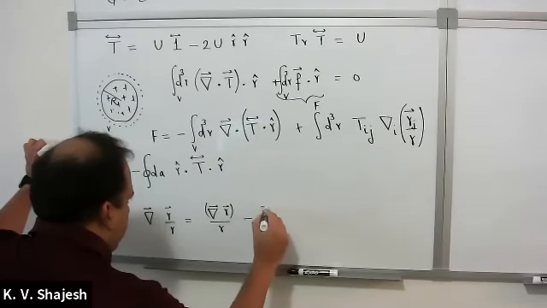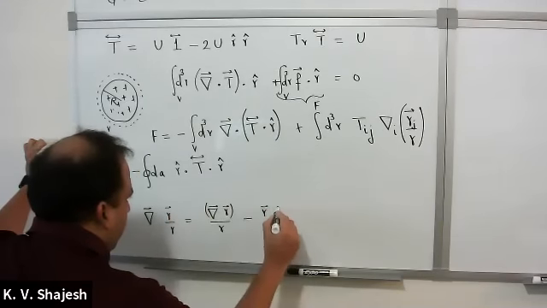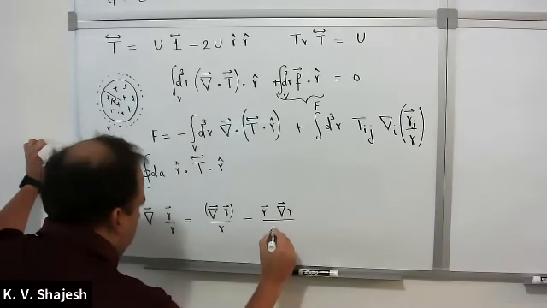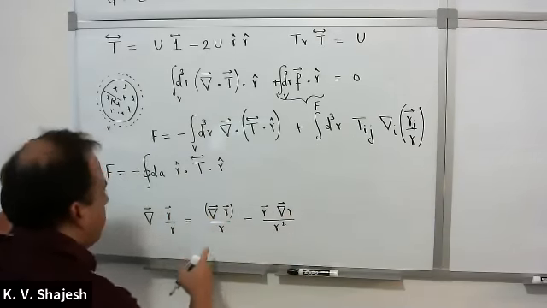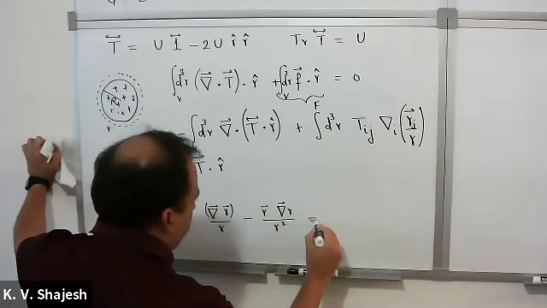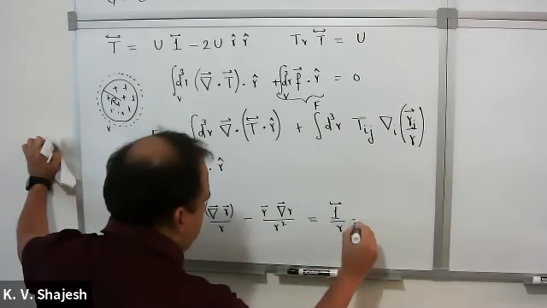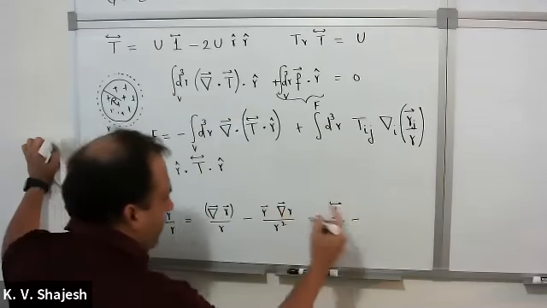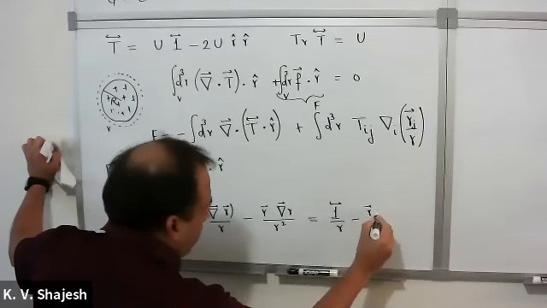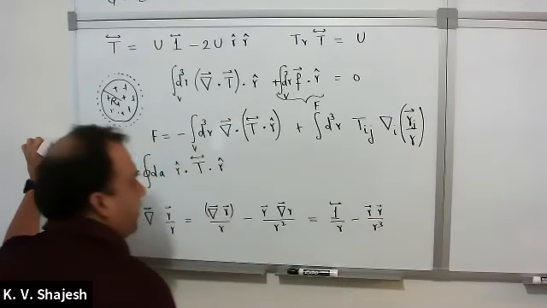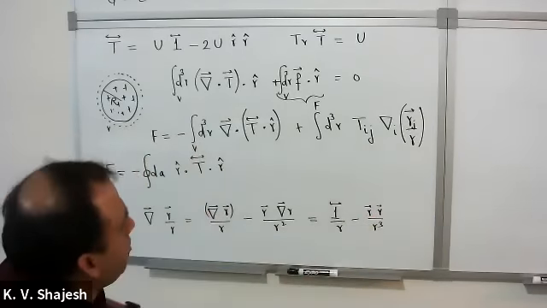This is vector R. This stays as it is. And I can gradient divided by R square. But that's just 1. The first term is just 1, the unit dyadic one, and the second term is R times R hat. I can write that as vector R over R cube, which is R hat over R cube.